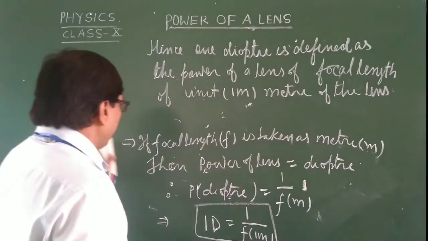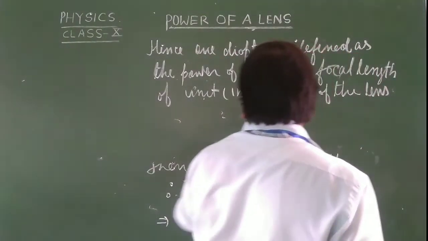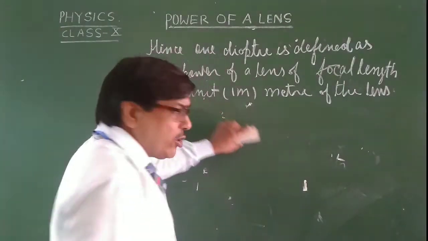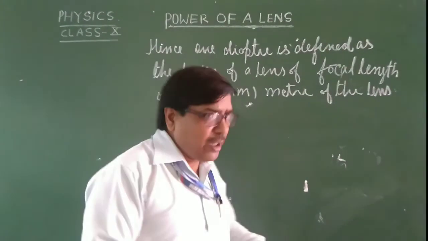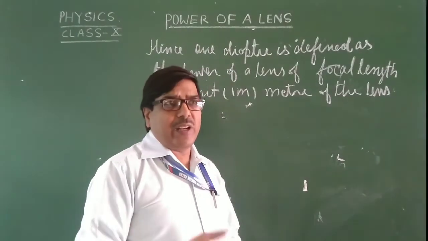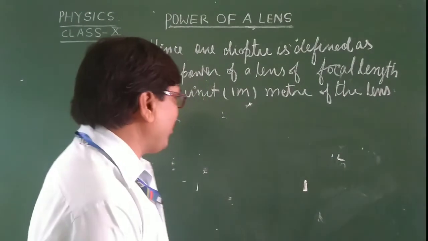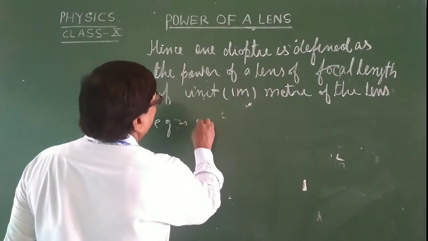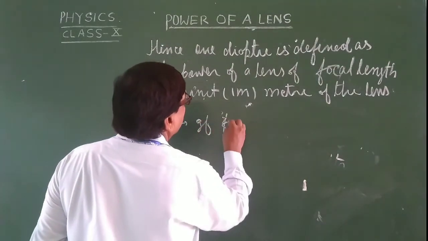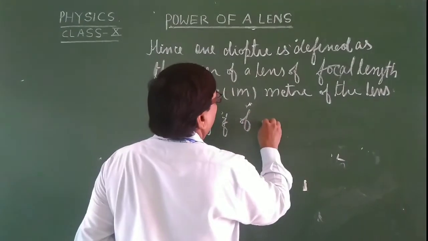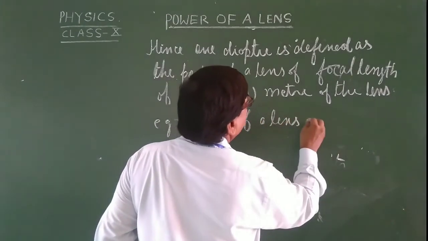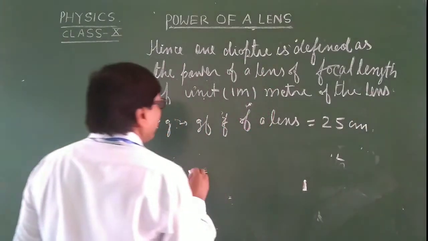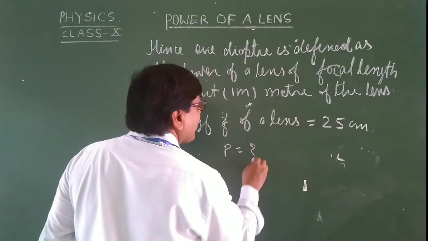If the focal length is given in centimeter, while solving the numericals, it should be converted into meter. Then we will write its unit in diopter. Supposing one example, if focal length of a lens is 25 centimeter, then what will be the power of lens?